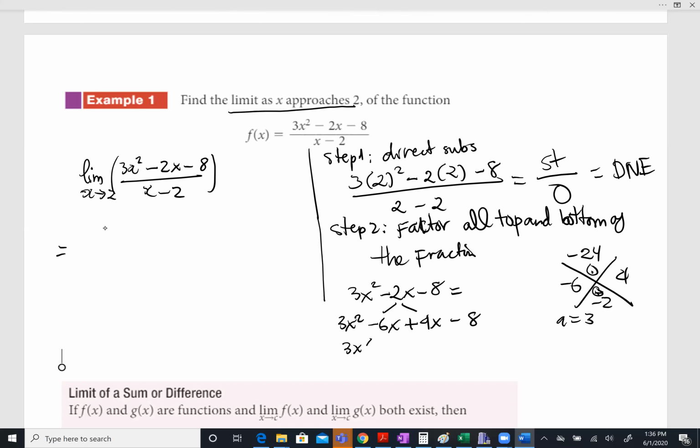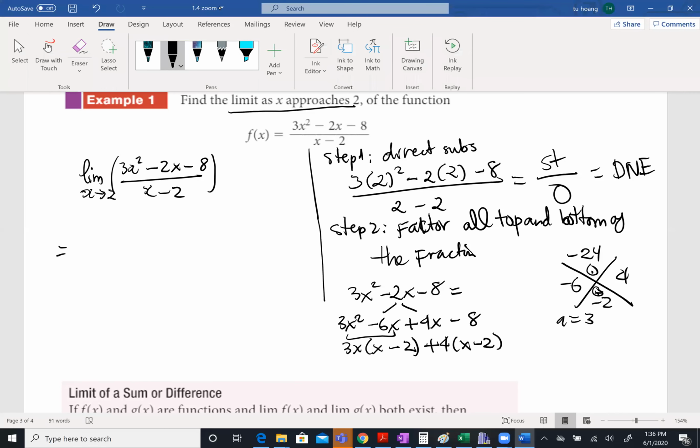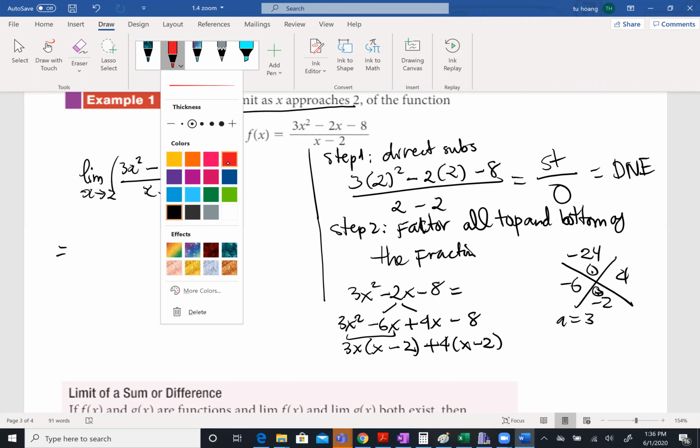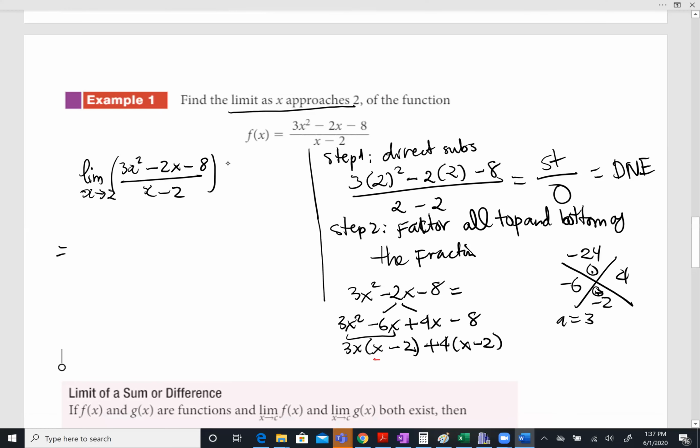For the first two terms, I have 3x times (x minus 2). For the last two terms, I factor out 4 and get (x minus 2). You see that there is a common factor, which is x minus 2, when you look globally.